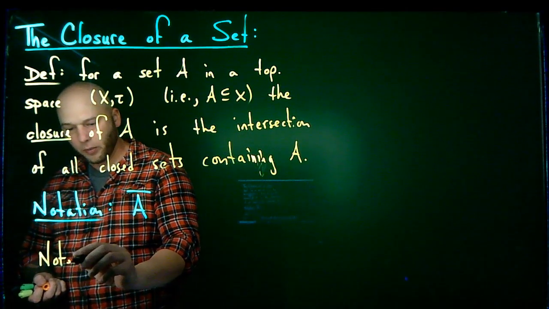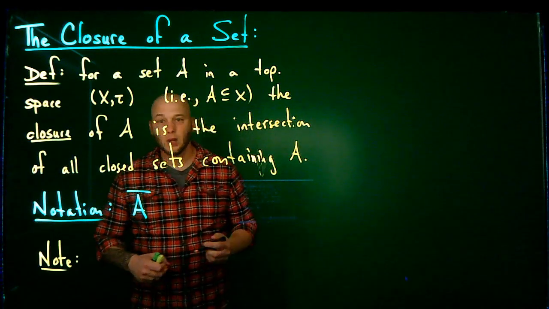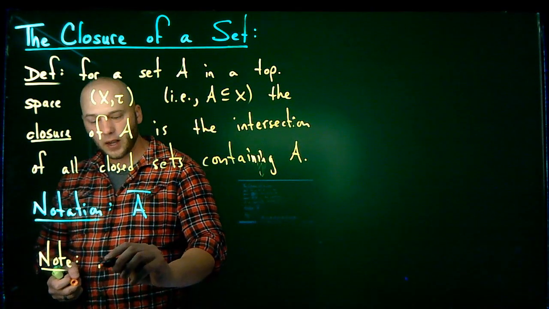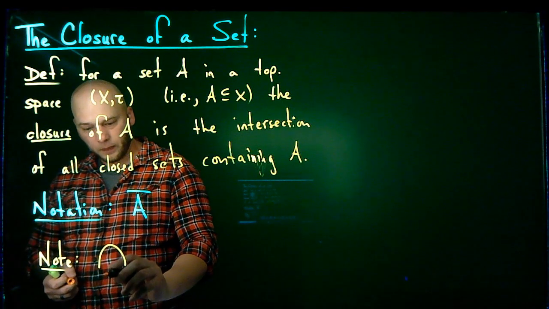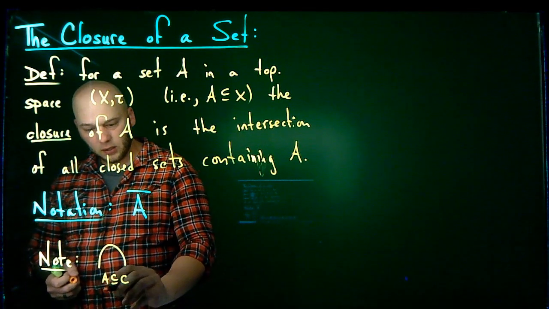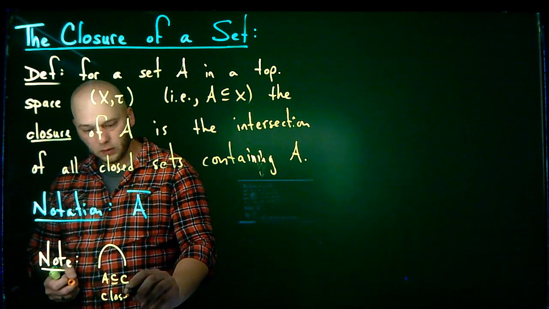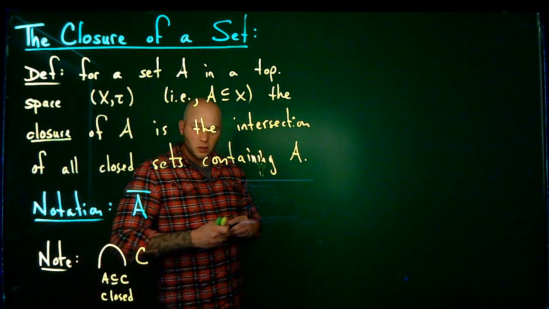Well, let's go ahead and take a look at the intersection of an arbitrary set of closed sets. If I take the intersection of the sets C where A is contained in C and C is closed, this is what the closure would be.